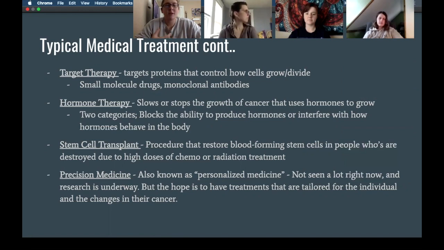And then precision medicine is really new, and it's also called personalized medicine, and it's not really seen a lot right now. This is because there's a lot of research going on, but the hope is to have treatments completely tailored to the individual and the changes in their cancer. Normal treatments right now are based on what kind of cancer you have and what symptoms you're having.